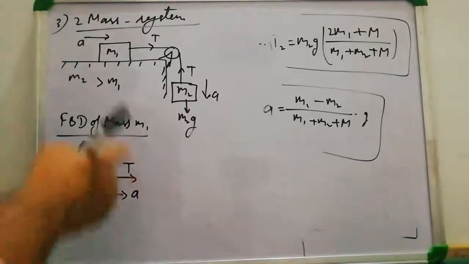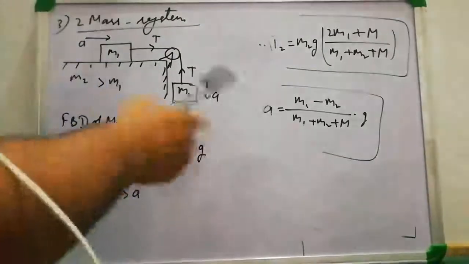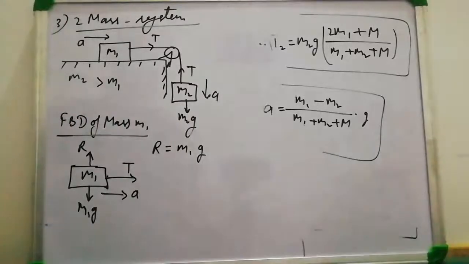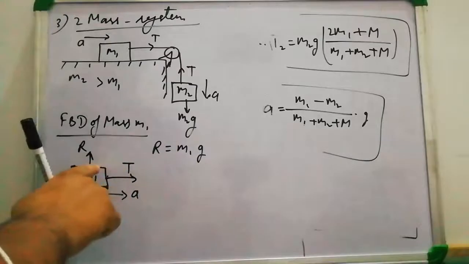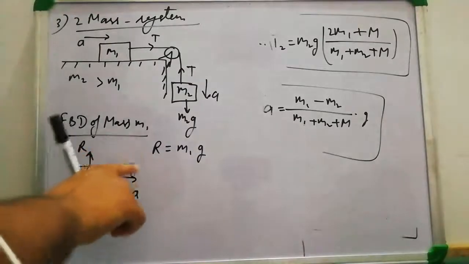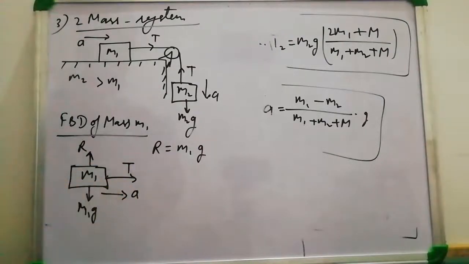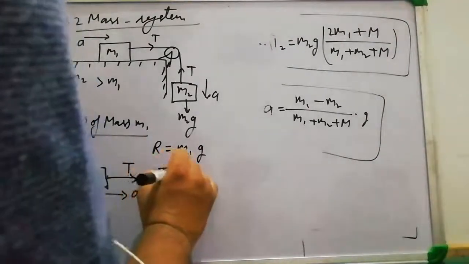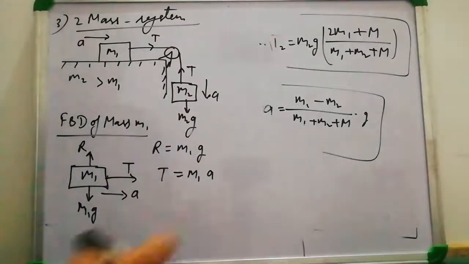So we can say R is equal to m1g, since both forces are equal in magnitude but opposite in direction, so they cancel out. The remaining force is T. T is the only unbalanced force and it is generating an acceleration of a. So we will say that T is equal to m1a. This will be our equation number 1.